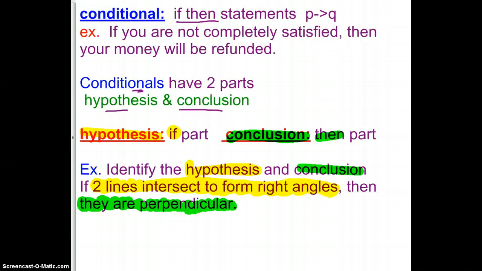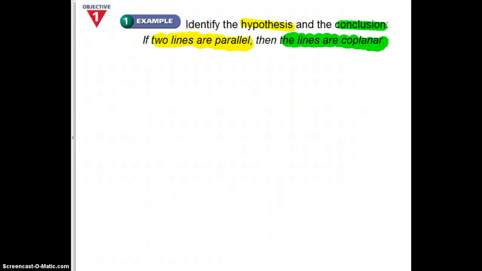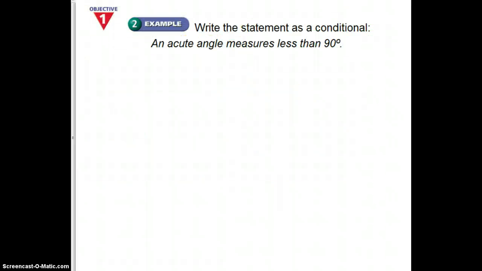Now, a lot of times you may get statements that are written more in sentences, and they're not really in the kind of form that we want for a conditional. If we want something to be a conditional, it has to be written in this if-then form.